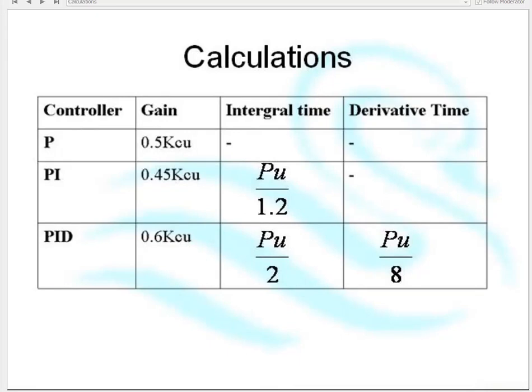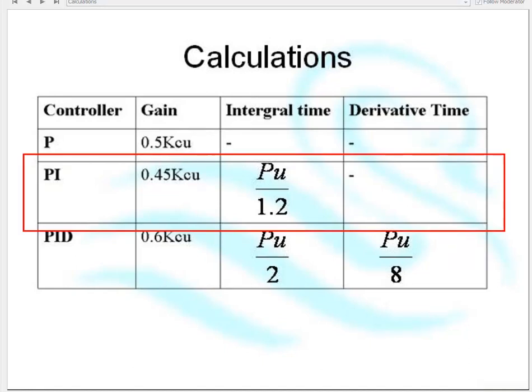What would you choose to use? Okay, 99.99% of the time, we're just going to use PI control.